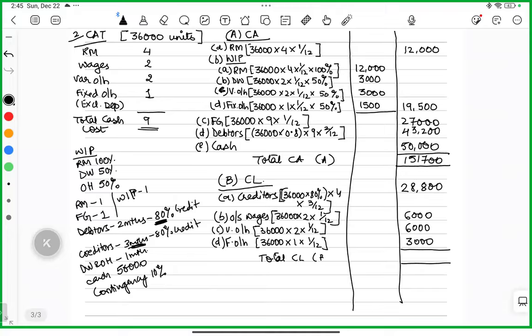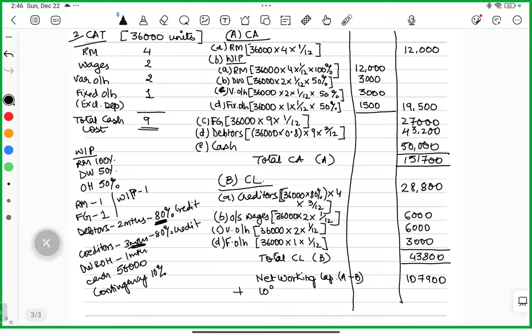Make a total. You will get total current liabilities B. Net working capital. You are also asked to keep 10% as contingency.